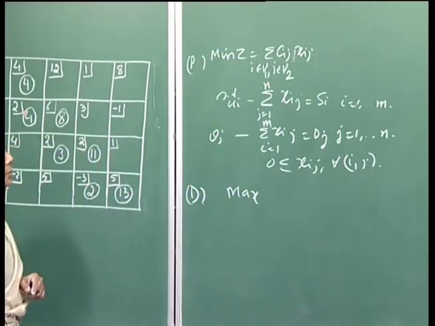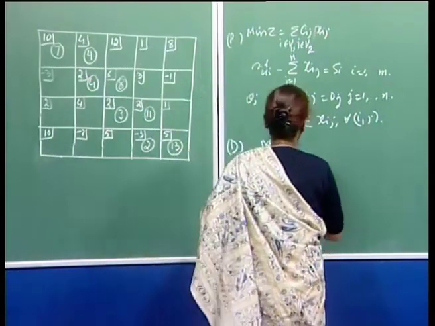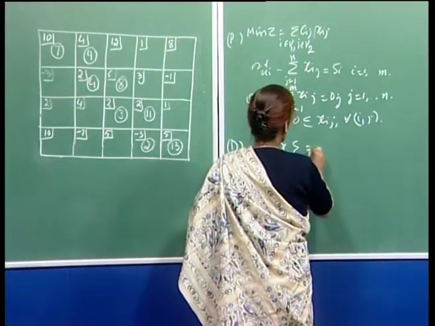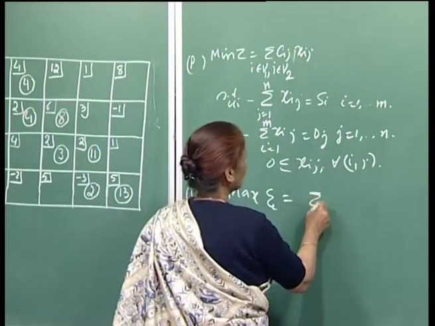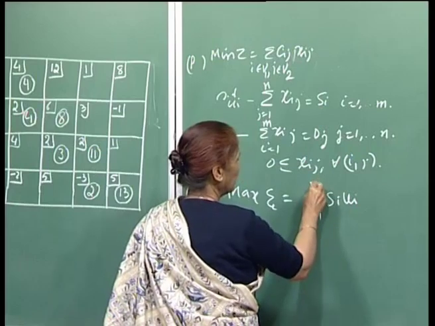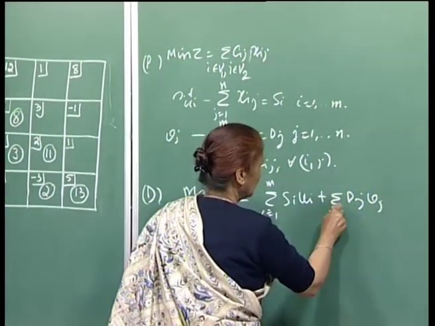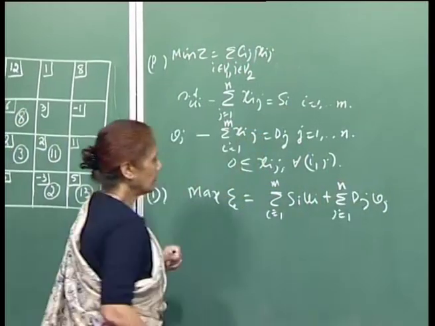So, u_i's refer to the supply constraints and v_j's refer to the demand constraints. So, maximize psi equal to summation s_i u_i, i varying from 1 to m, plus summation d_j v_j, j varying from 1 to n, right.